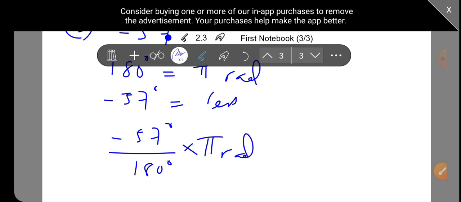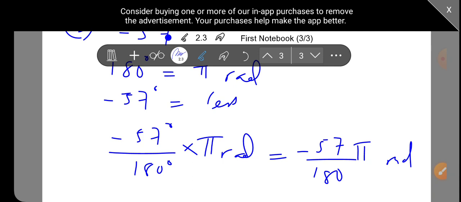Because there's nothing that can go into it, of course you can divide, but I would like to leave it like that. So if I convert that, I get that. So from now, I have learned how I can change my angle from degrees to radians.